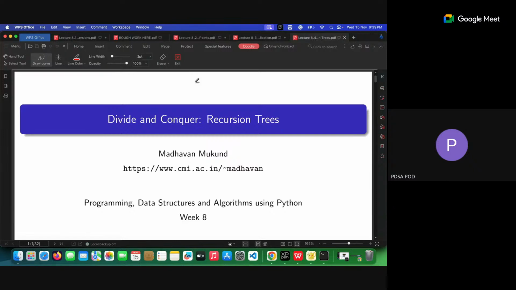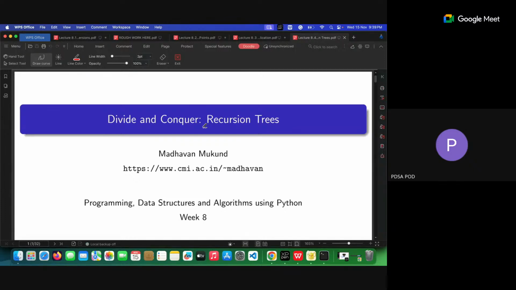Now all of these problems you want to represent using recursion trees. Recursion trees show how each level of recursion goes to the depth. Sometimes it expands, sometimes it shrinks. That's the simple overview of this lecture.